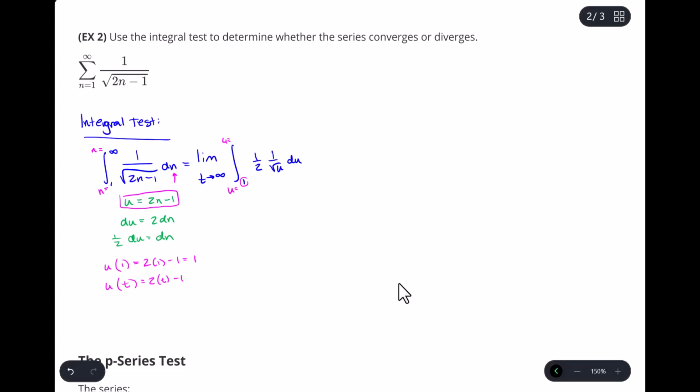So I'll pull the 1/2 out, limit as t goes to positive infinity, and write this from 1 to 2t minus 1 of u to the negative 1/2 du.